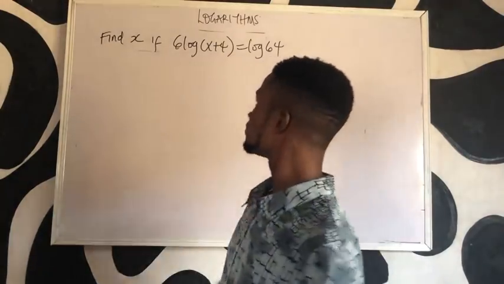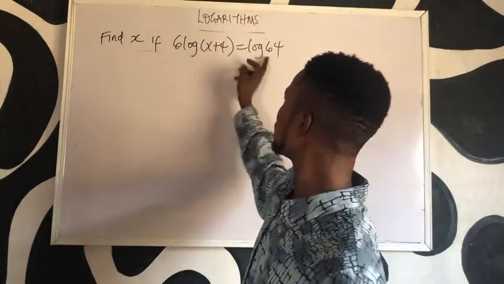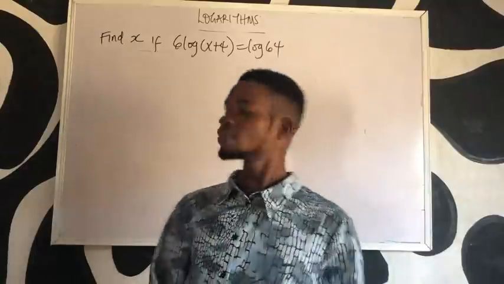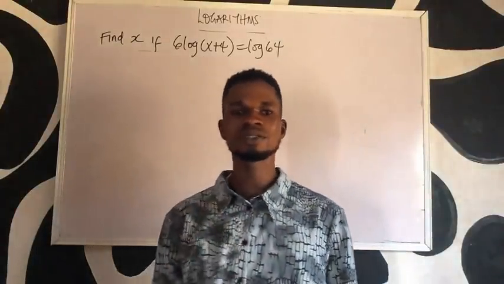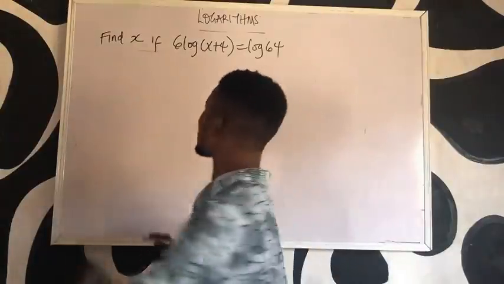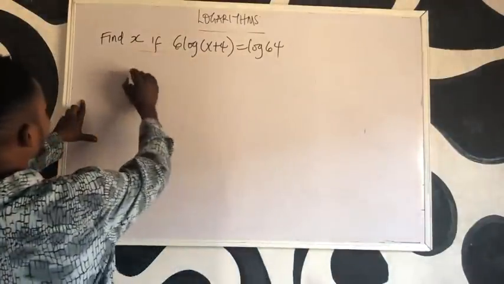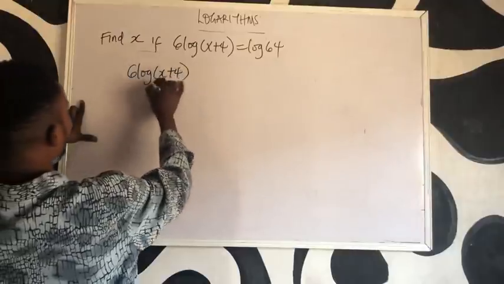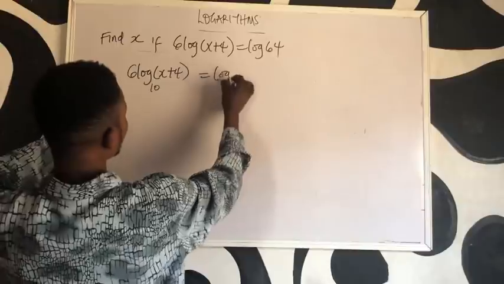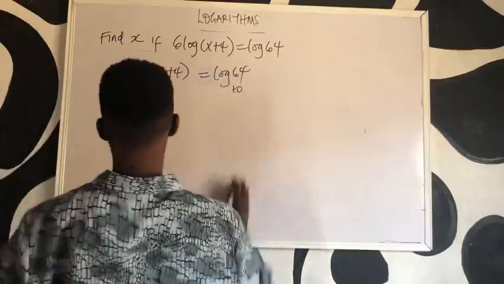Now, solve this. We don't have any base here. Since the base is not given, we should know that logarithms are all in base 10. So we can have 6 log (x plus 4) base 10 equals log 64 base 10.